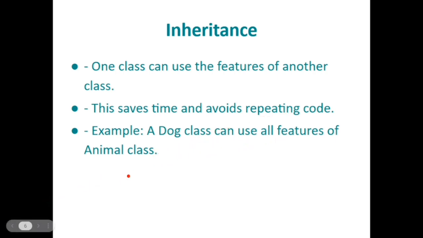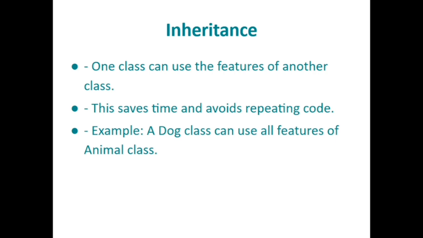In simple and easy words, inheritance lets one class use things from another class. Let's say we have an animal class, and now if we create a dog class, we make it inherit from the animal, because a dog is also an animal, so we know that the features an animal has, a dog should also have.